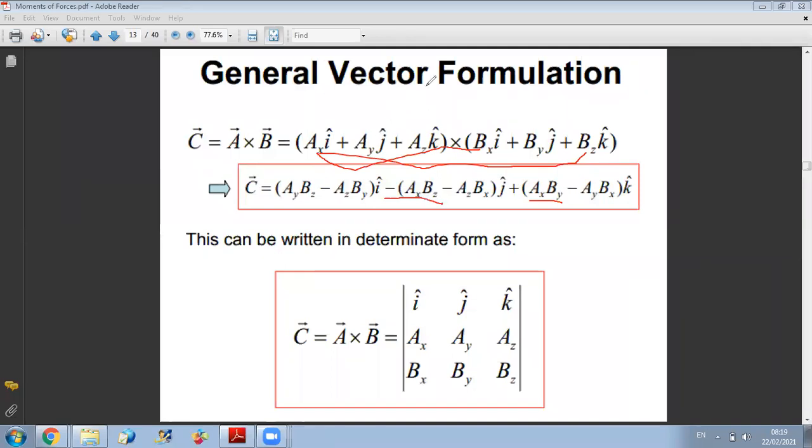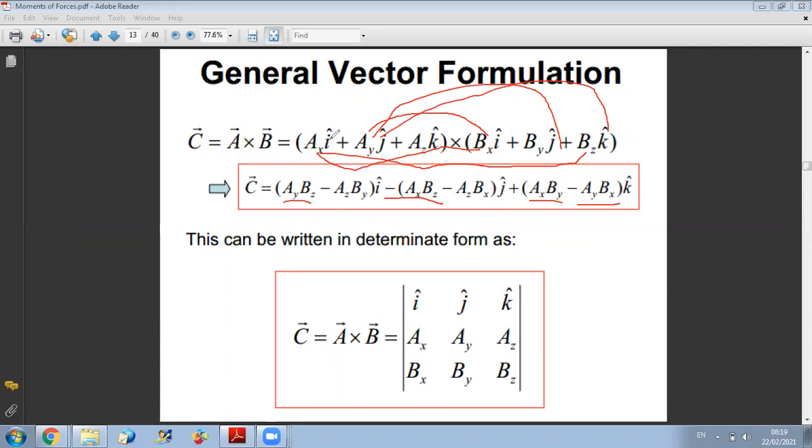Now I do the same thing for the other terms, so ay j times bx i, j vectorial i, if you remember the circle, ji is opposite to ij, so it's minus k. So you can see here it's minus ay bx along k. Now if I continue, j vectorial j is 0, and j vectorial k is in the positive direction, so plus i, so plus ay bz i.